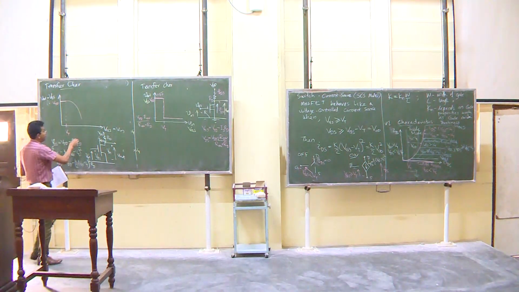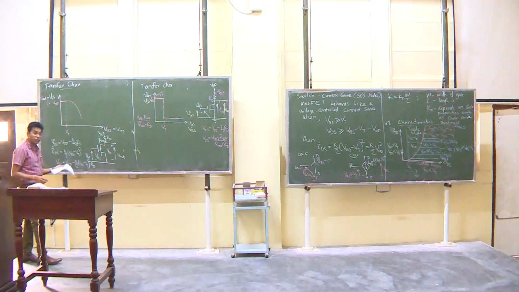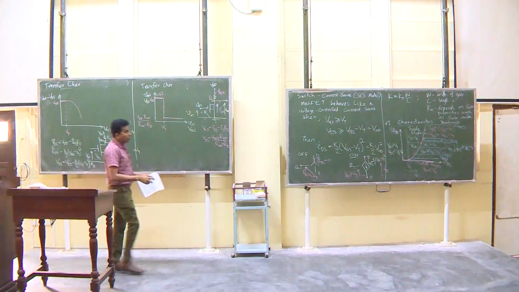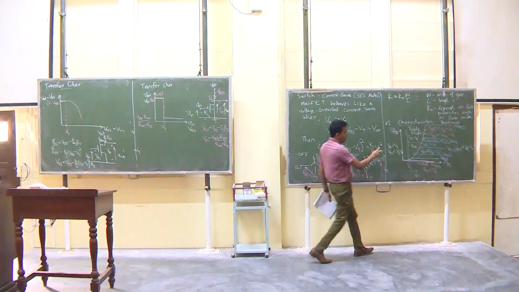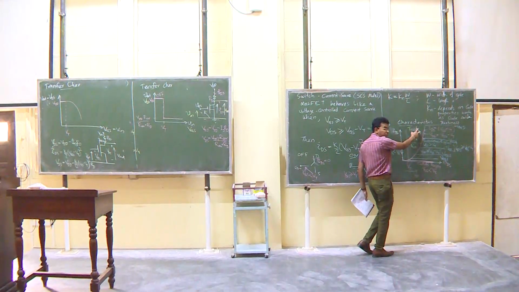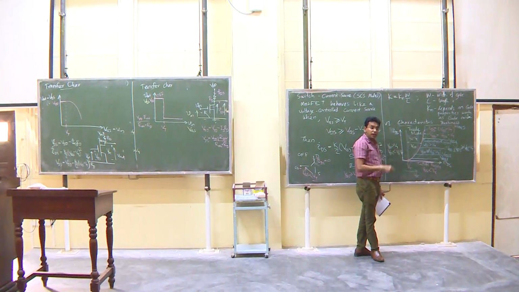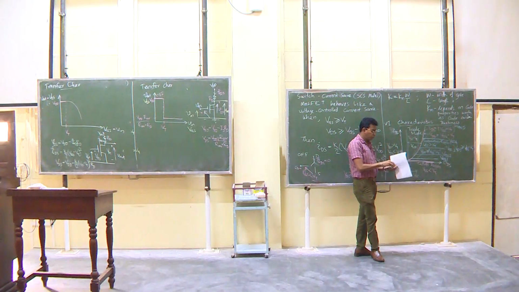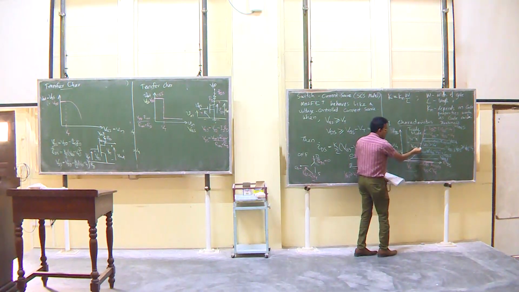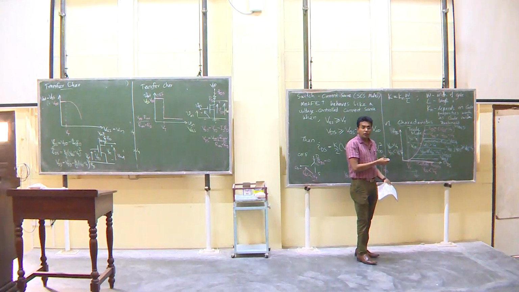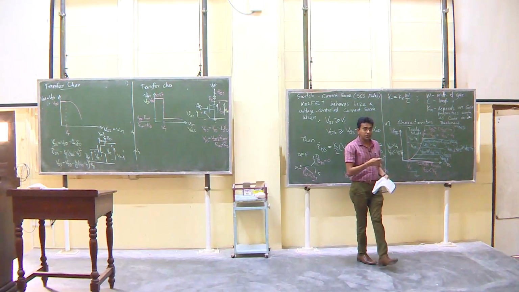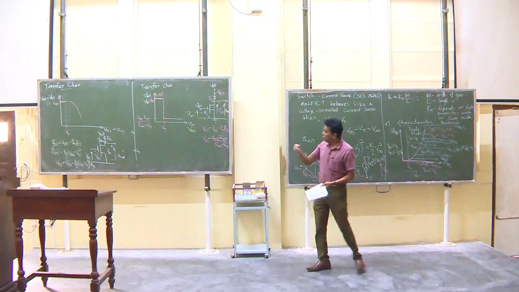Actually, what happens is, after a while this gets into what is called the triode region. We have not drawn the curves here, but if you can remember the transistor characteristics for the MOSFET, it was something like this, no? So, ID is less than that value.